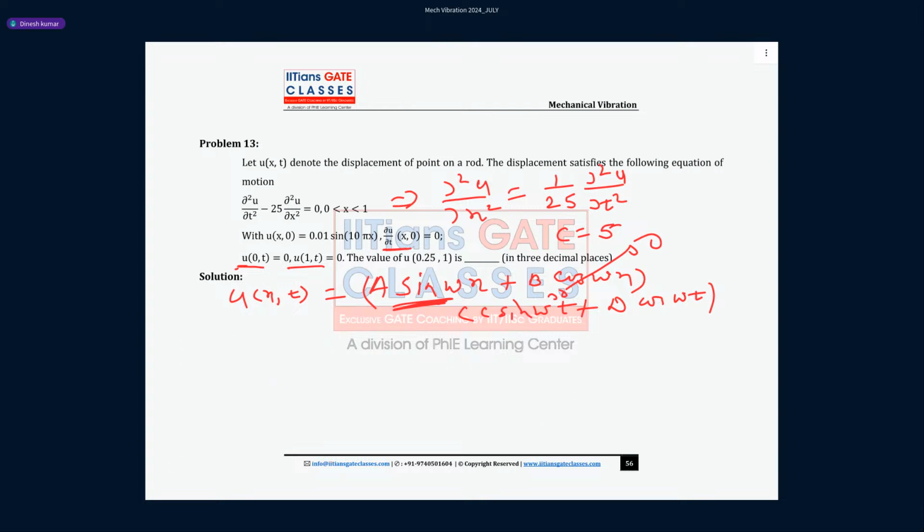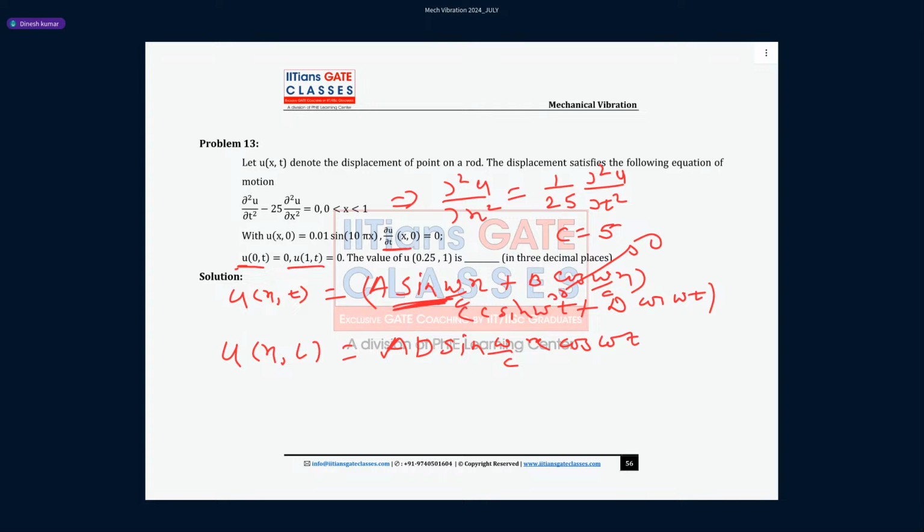That means your response u of x comma t is nothing but A times sine of omega by c x, then cos of omega t. So this will be your response for this problem.